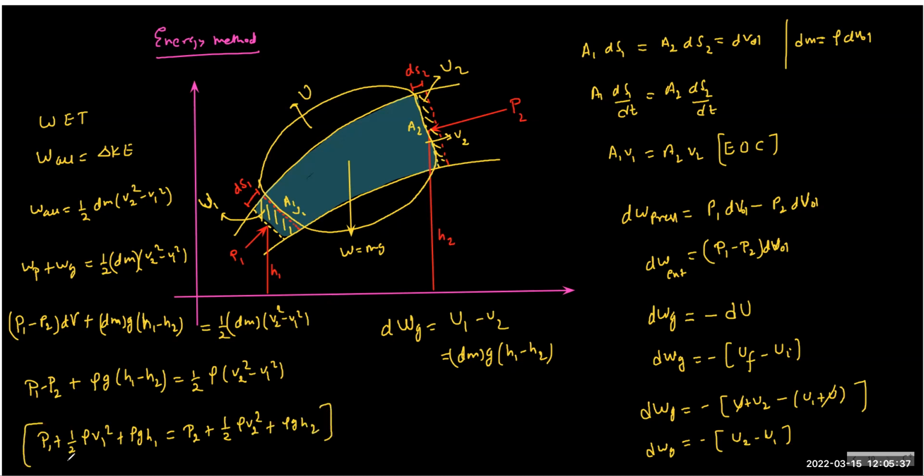And if you remember, this is the thing which we derived earlier. So we are proving that the sum will be the same at two different cross sections.